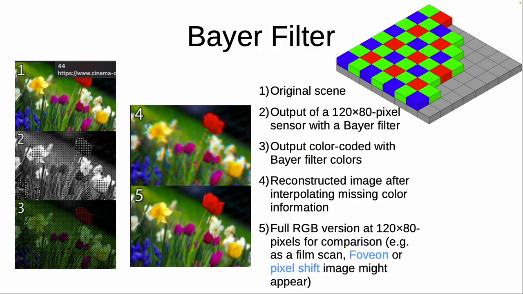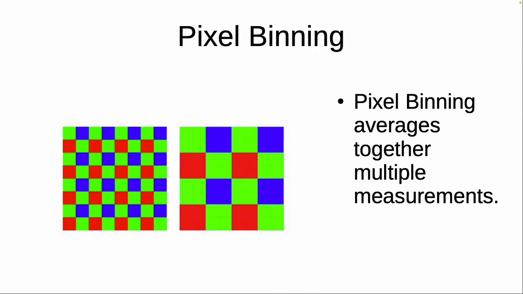Image number 4 is what happens when you interpolate all of that, and image number 5 is what you would get if you use a proper RGB camera, for example, a film camera. And so the Bayer filter actually increases the bandwidth required, because for every point on the grid you go from one color to 3 colors, so you're tripling the size of the output image.